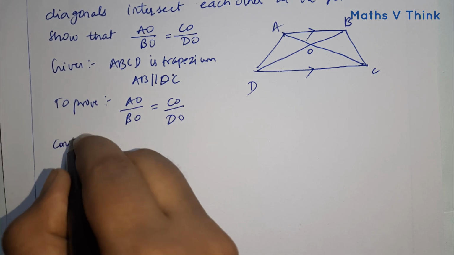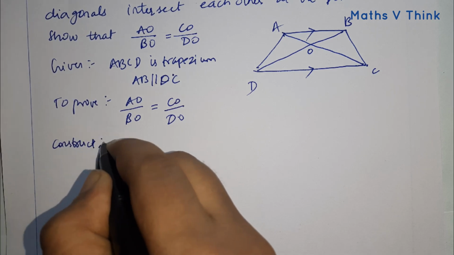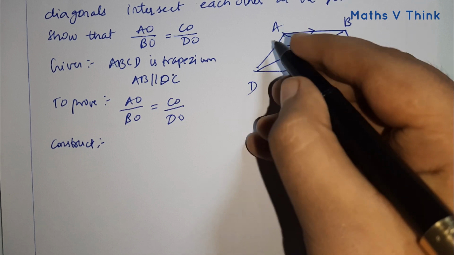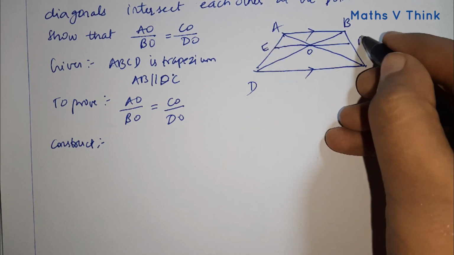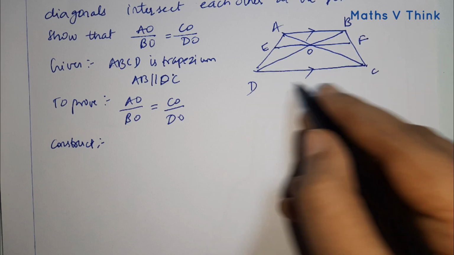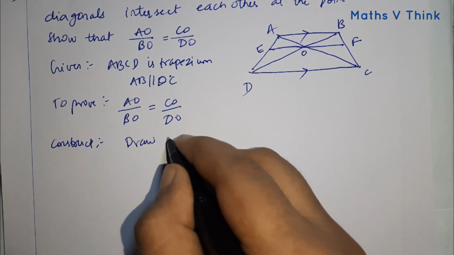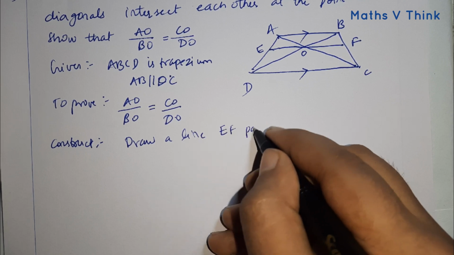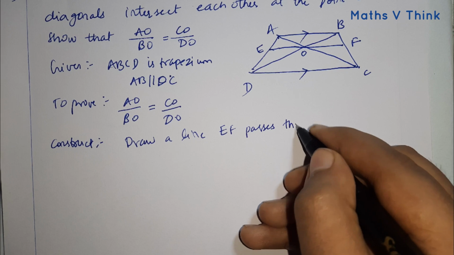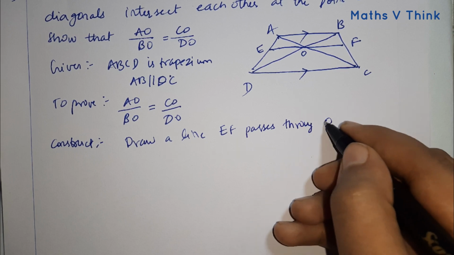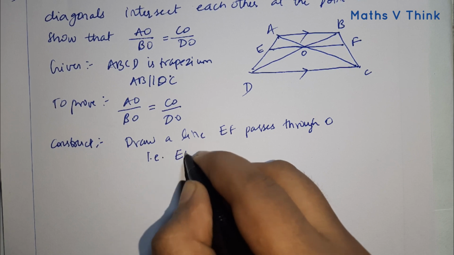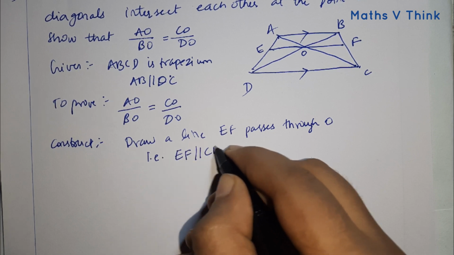Now you need to construct. I need to construct a line EF so that it is parallel to CD. Draw a line EF that passes through O, that is EF is parallel to CD.